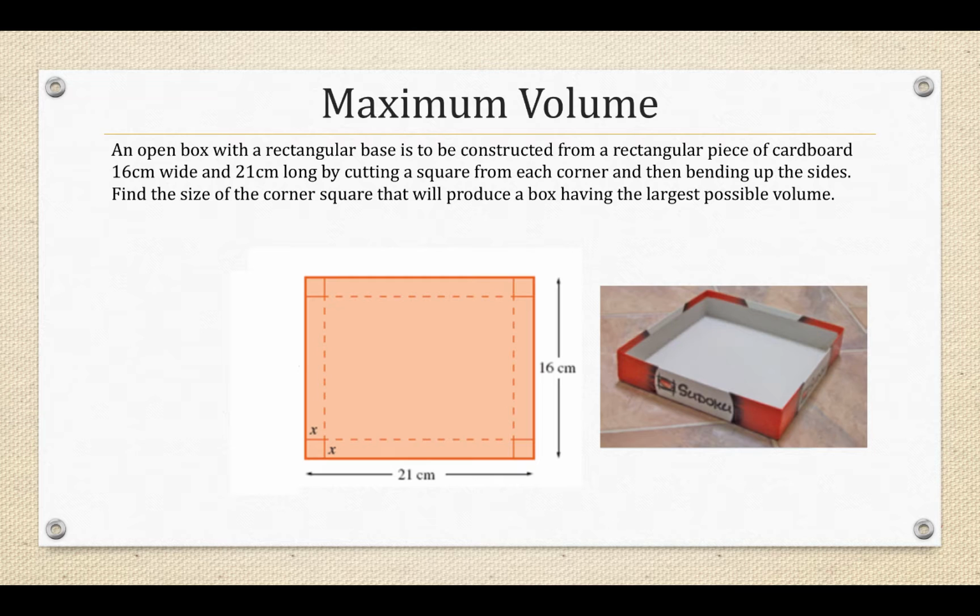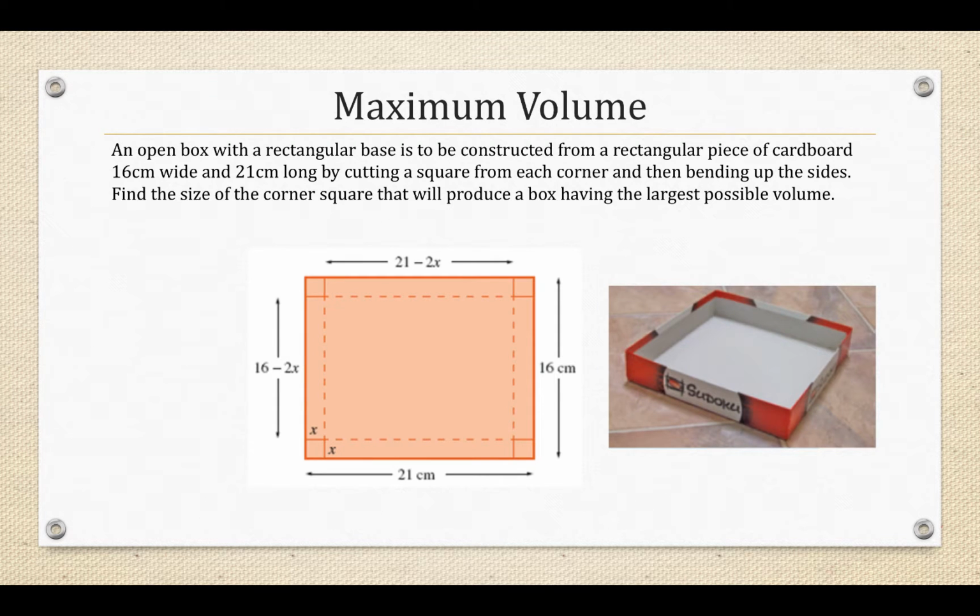So what are the lengths of the sides that we need to fold up? If we have a look at the other sides, where they fold up, we have a length of 21 minus 2x, because we're subtracting two lots of x, one x from each end, and we have a width of 16 minus 2x, because again we're subtracting 1x from each end.